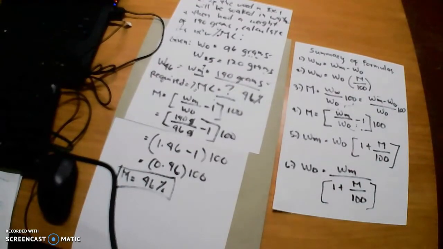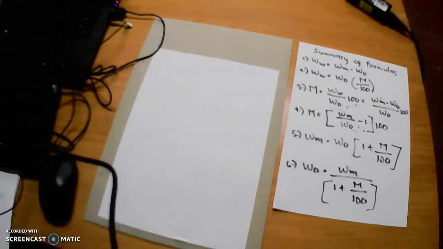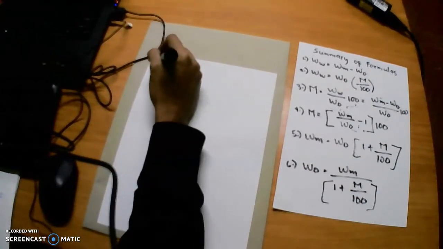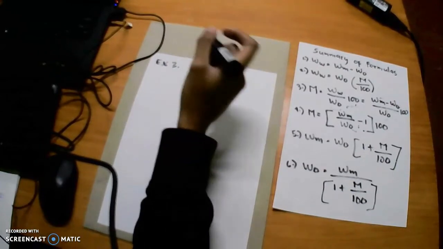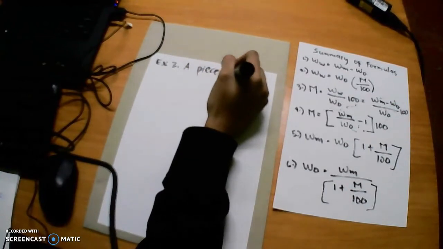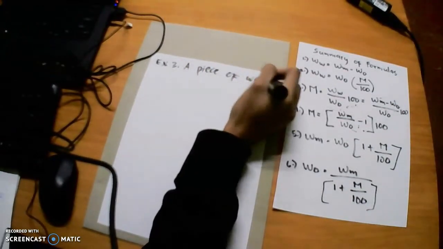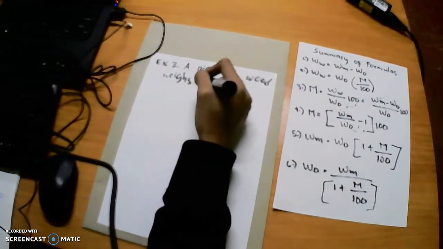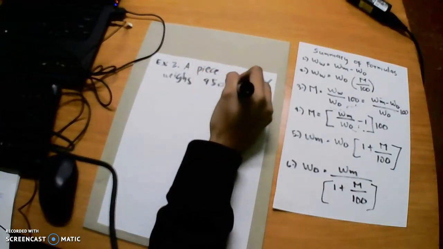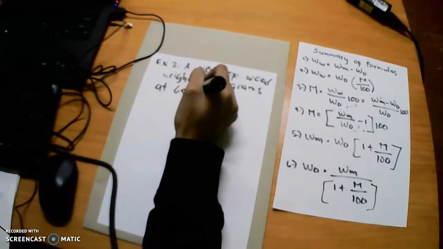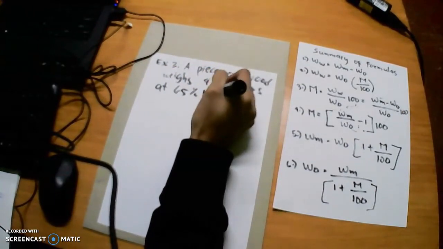So, another, last example. Again, we have our last example, number 3, for percent moisture content determination. Now we have a piece of wood that weighs 450 grams at 65% moisture content.